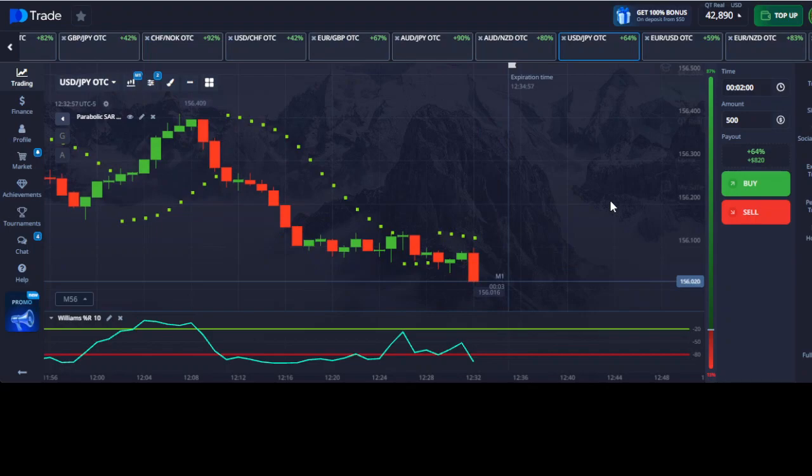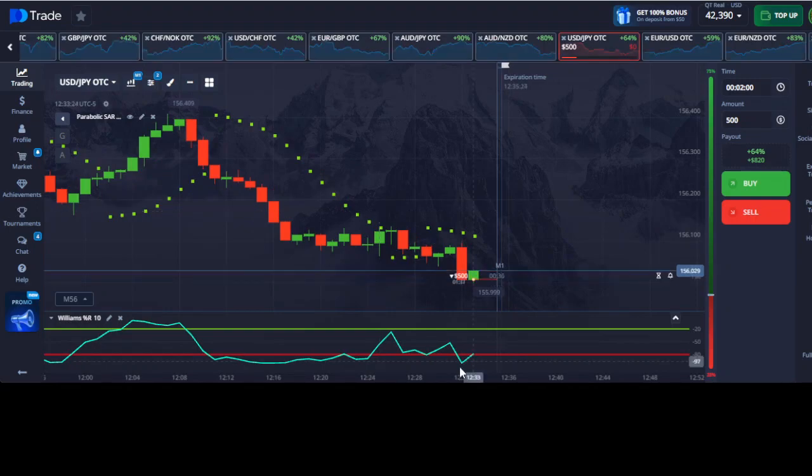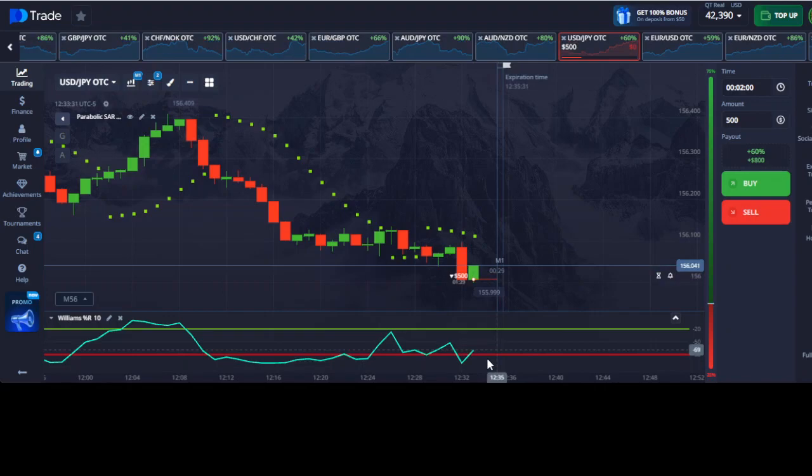I'm on the US dollar Japanese yen currency pair here, and I just took a sell trade. The reason I took the sell trade is, first of all, we're seeing a downward movement in the currency pair over the past few minutes. In addition, the Williams %R line crossed below the 20 line, the red 20 line, in a downward direction.